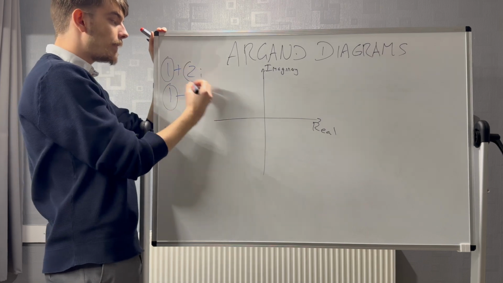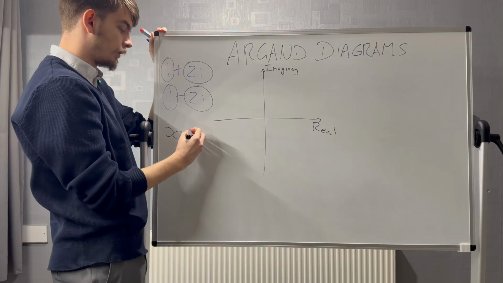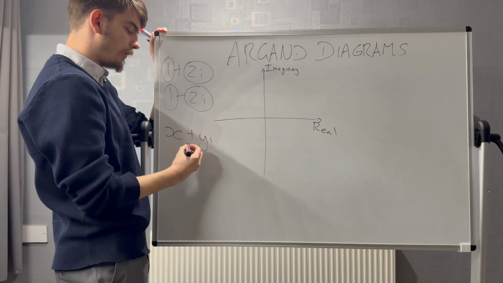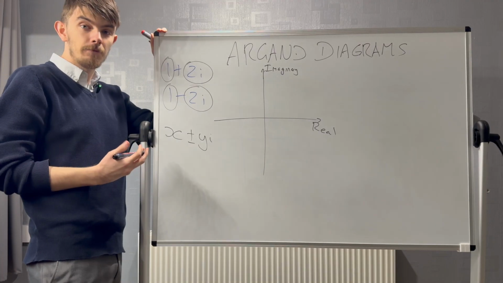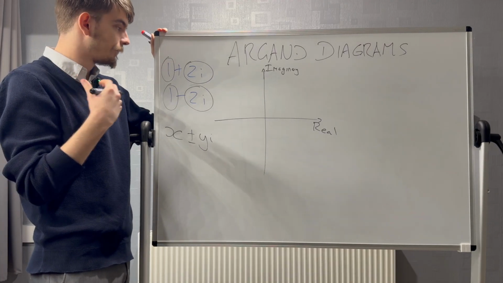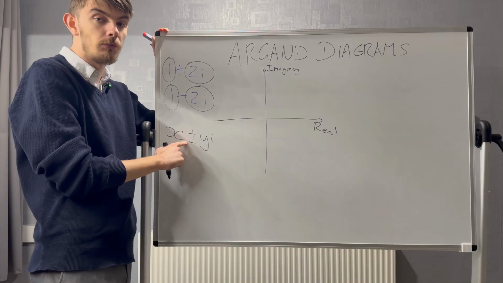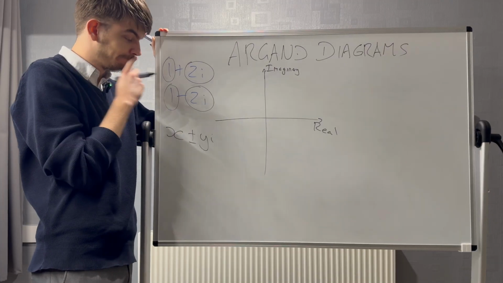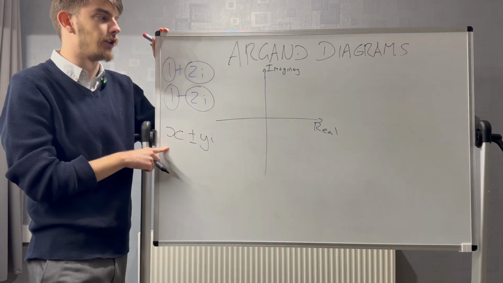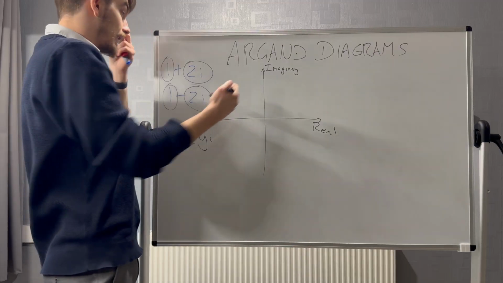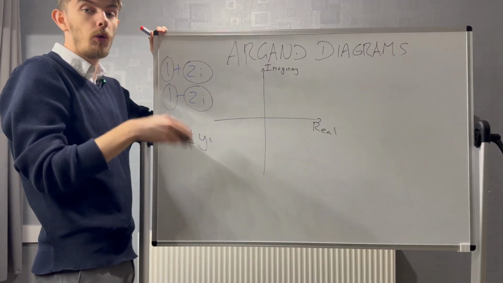And I know that my imaginary values are on my y-axis, so these are essentially my y values. So we can say, to make things a little bit easier for us, that all of our complex numbers can be written in the form x plus or minus yi, y being the imaginary value, x being the real value. And I can plot these on my graph exactly as I would an x and a y.